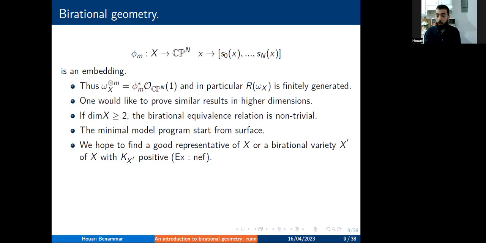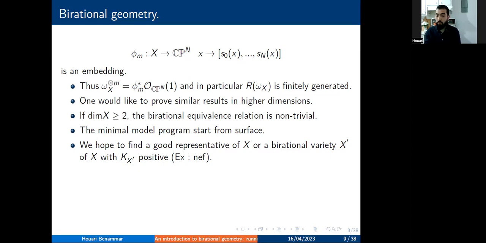Okay, so the minimal model program. This is a very beautiful program. Start from surfaces. We hope to find a good representative X prime, birational to X, with the canonical bundle positive.